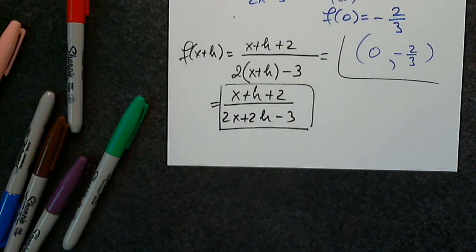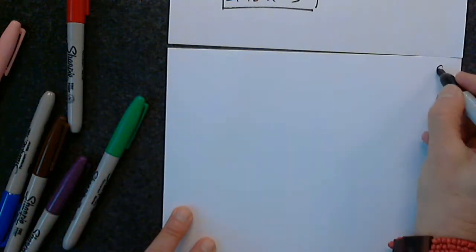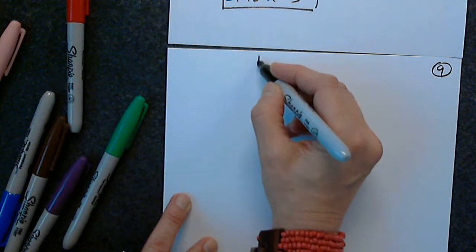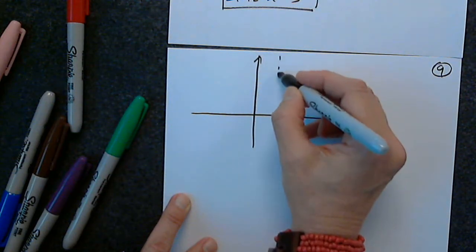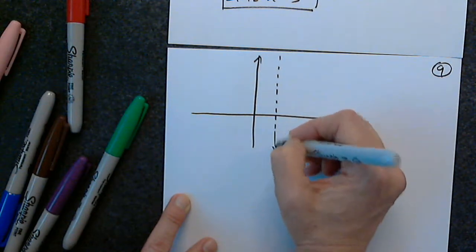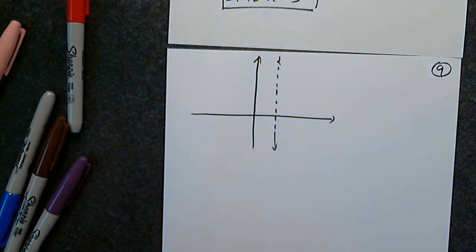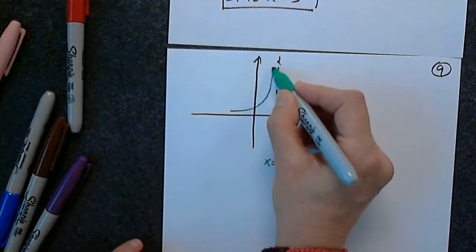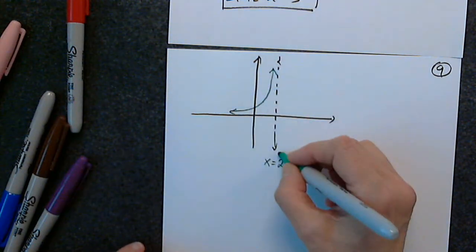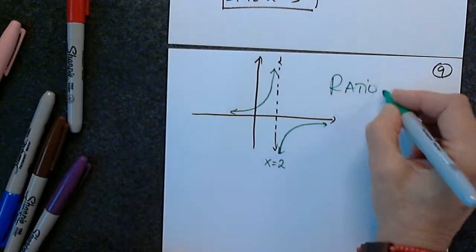I just want to show one more function, and I would like you to identify the domain and range. We are going to look at these functions in chapter 3. So let's say x equals 2. This is a rational function. We don't know that yet.